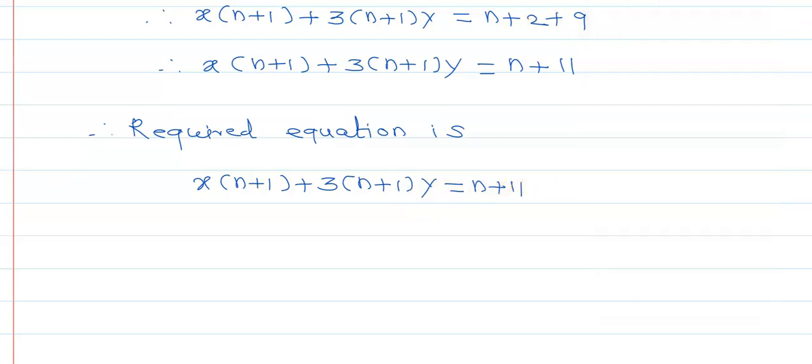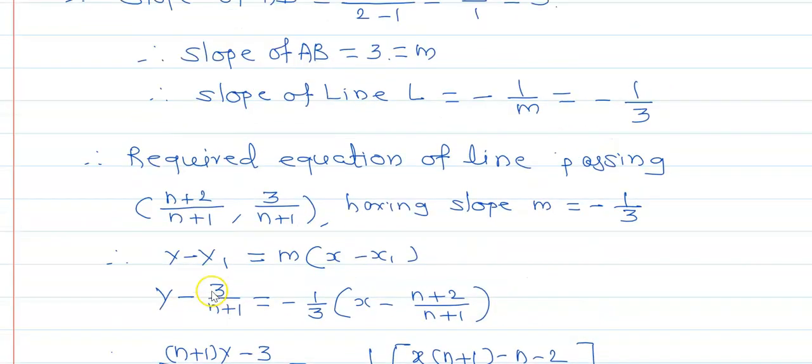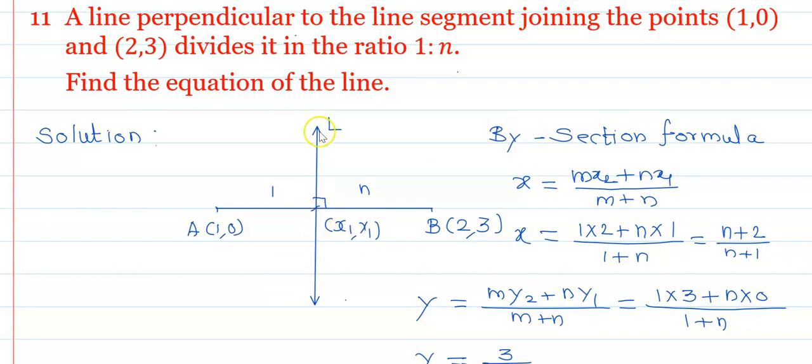Okay, and you can see this. Find the equation of the line that passes through the line segment joining the points (1, 0), (2, 3), divides in the ratio 1:n, and it's perpendicular again.